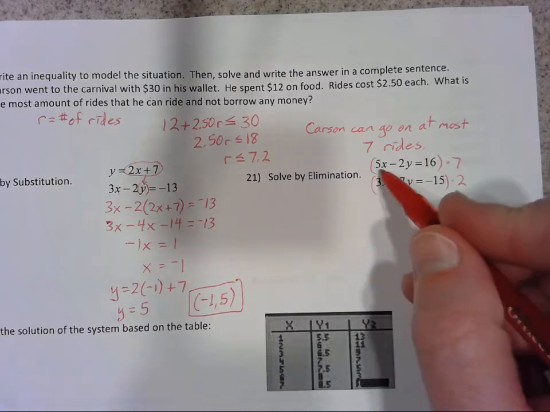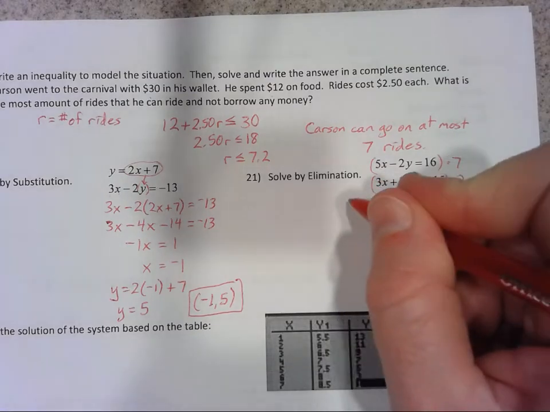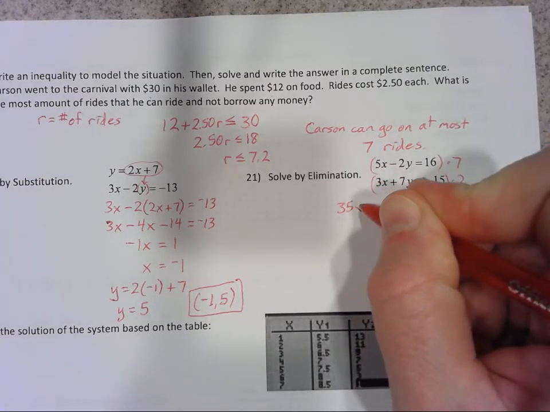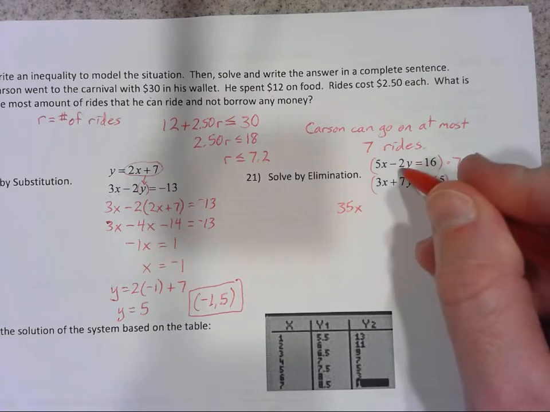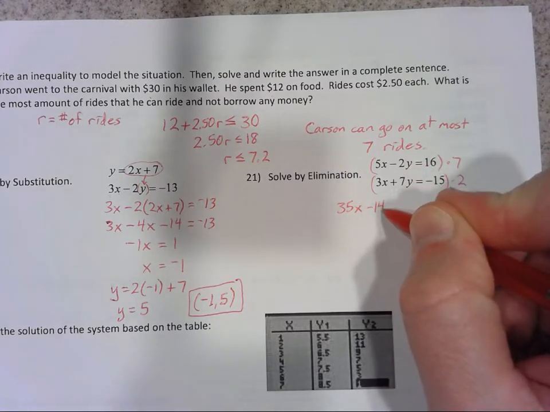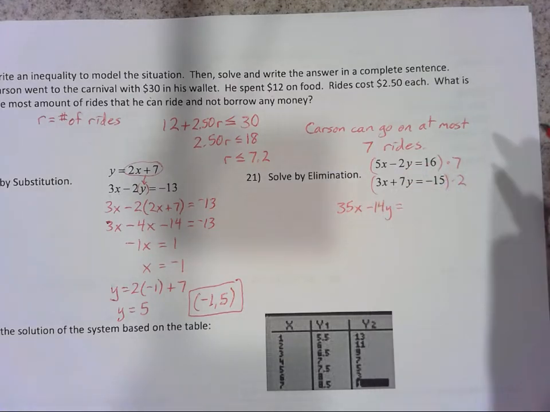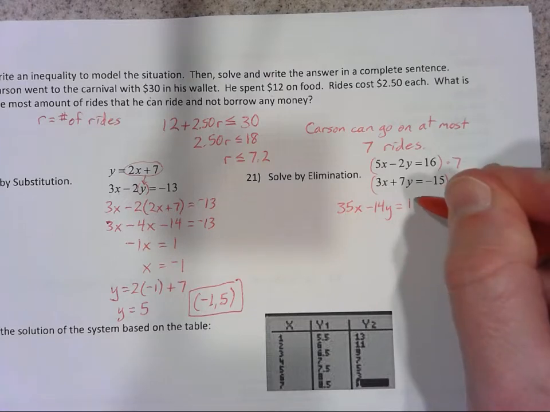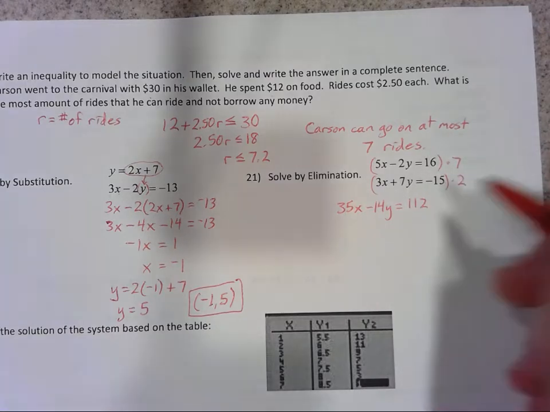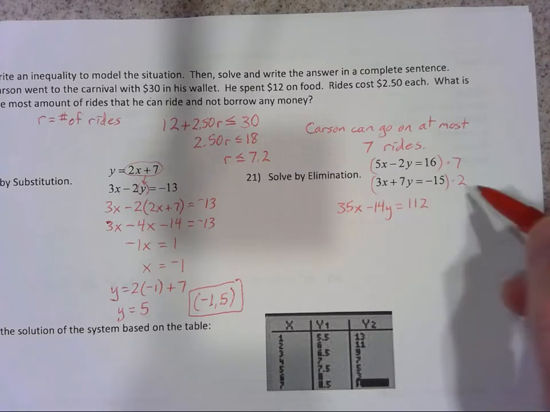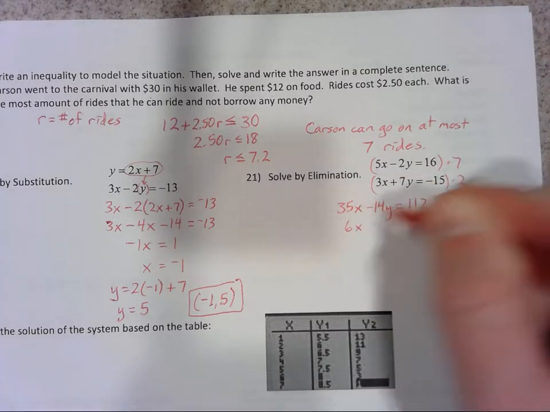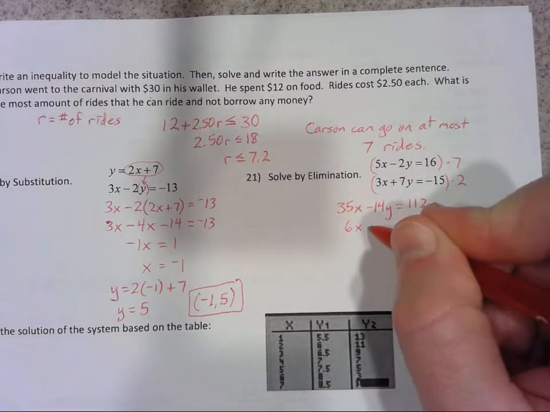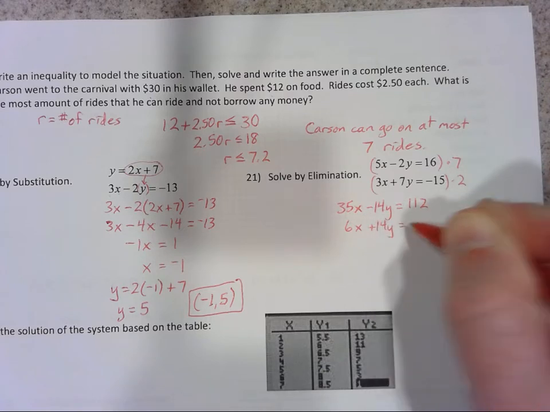So 5x times 7, 35x. 7 times minus 2y is minus 14y. 16 times 7 is 112. Then we take the second equation, 3x times 2 is 6x, 7y times 2 is 14y, negative 15 times 2 is negative 30.